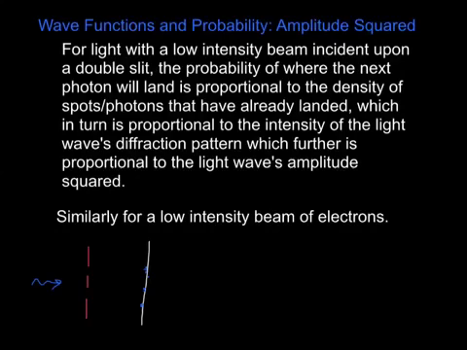And so these dots that you end up seeing when the beam is low in intensity is each individual photon hitting the screen. And over time, the pattern of those dots builds up into that pattern that you saw with the high intensity light source, where you couldn't see the individual dots.